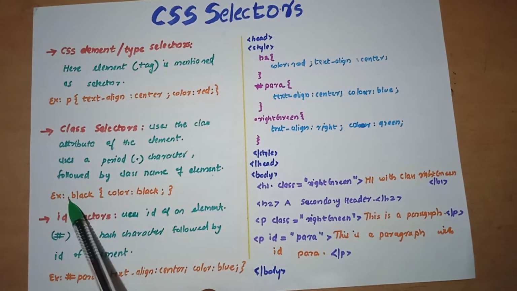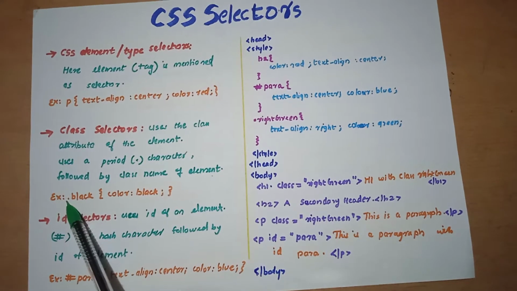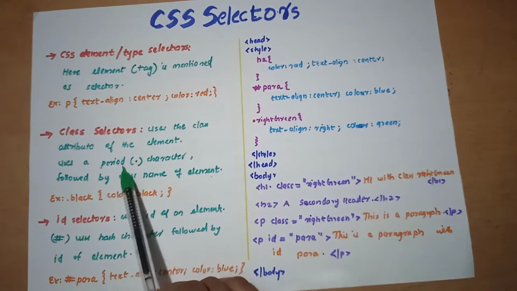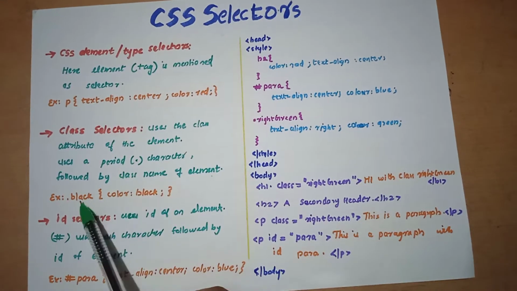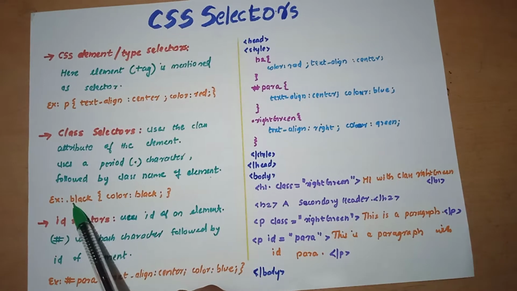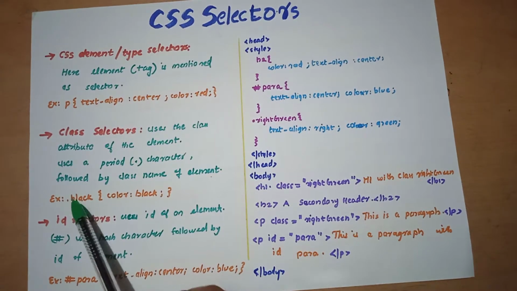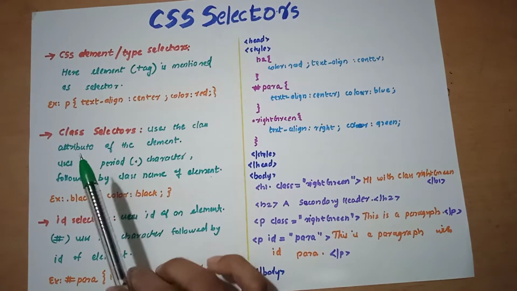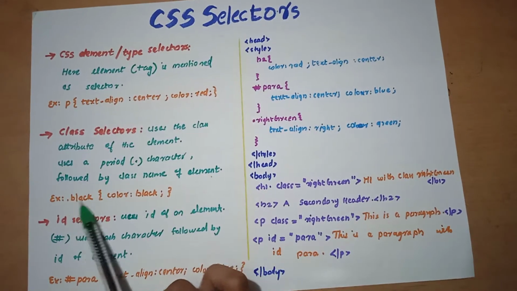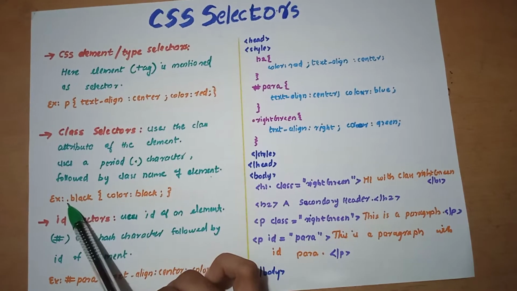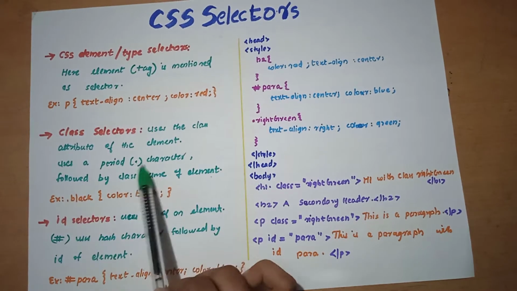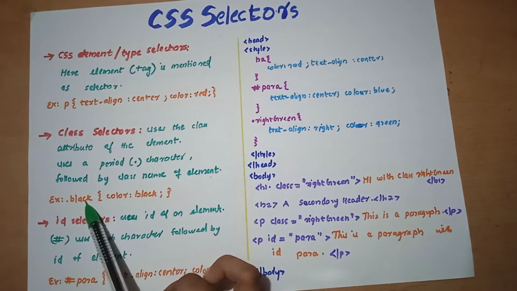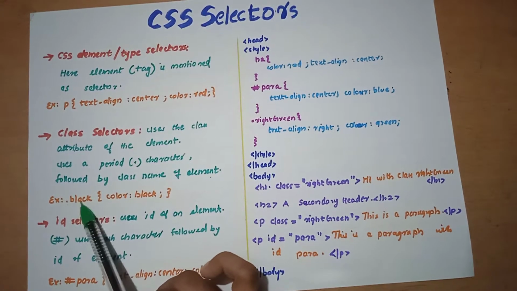Whatever the element, it is defined using a dot or period character with the class name, which can be anything.